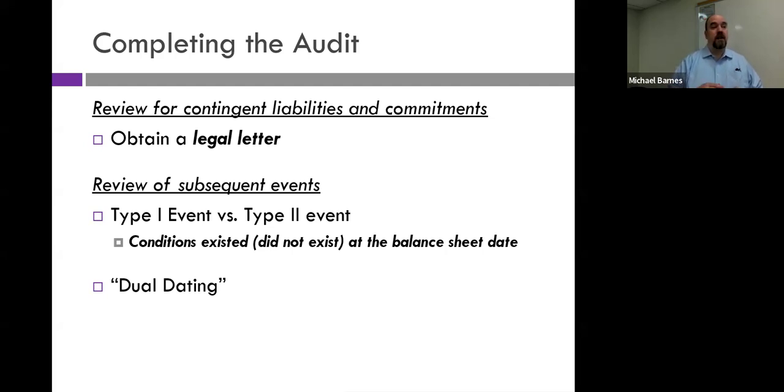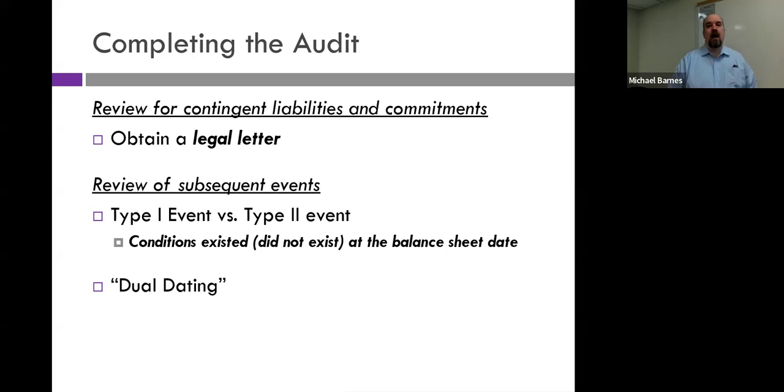If we're talking about something really significant, like a natural disaster that destroyed a factory or something like that, that would affect operations considerably, then we may also have to insist that the client prepare pro forma financial statements. So remember, those pro forma financial statements are forward-looking financial statements based on representations made by management. Those are kind of a unique scenario that basically say, what is the impact of this particular event that occurred?